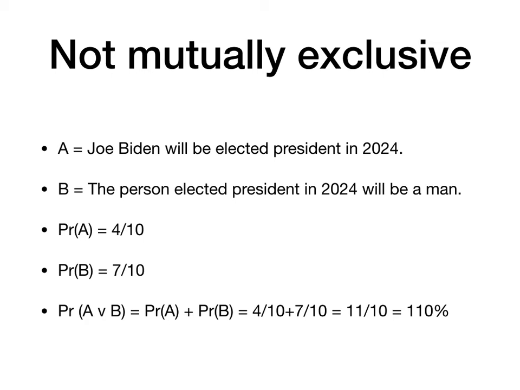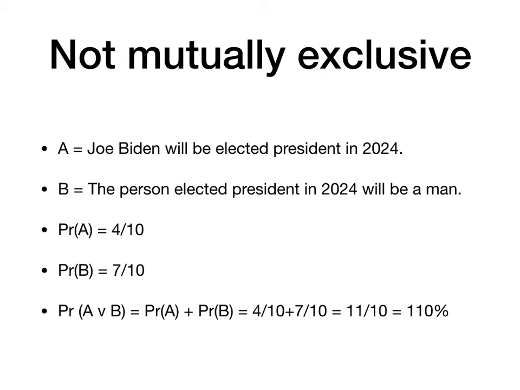But let's try it with some statements that are not mutually exclusive, right? A is: Joe Biden will be elected president in 2024. B is: the person elected president in 2024 will be a man. So the probability of A, I mean, I don't know.